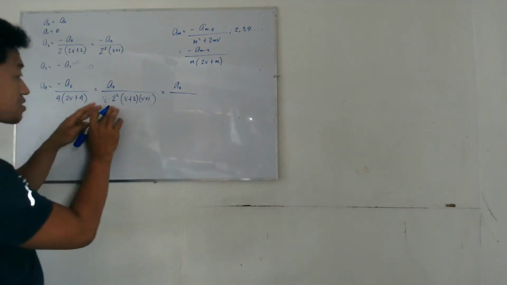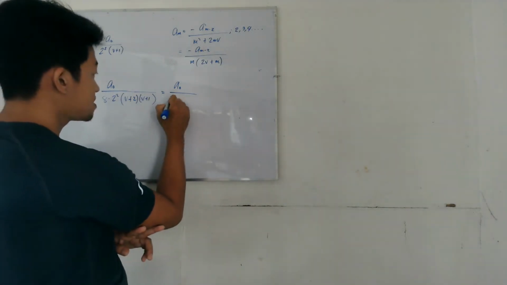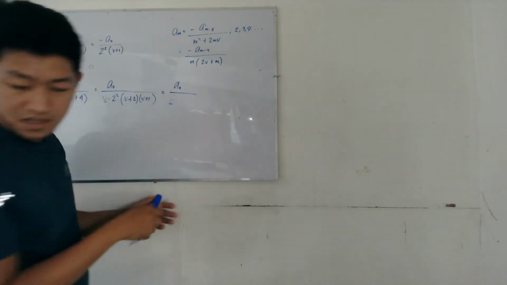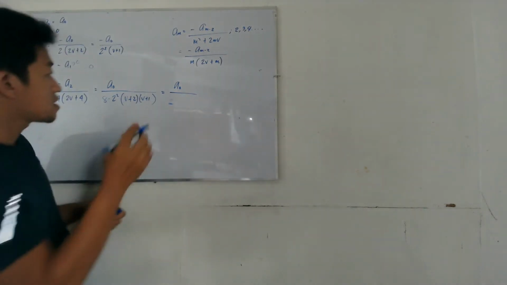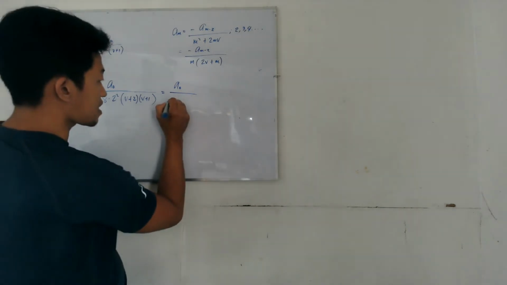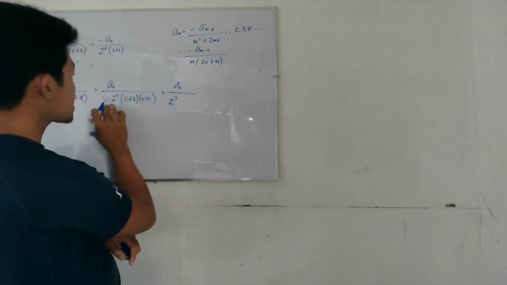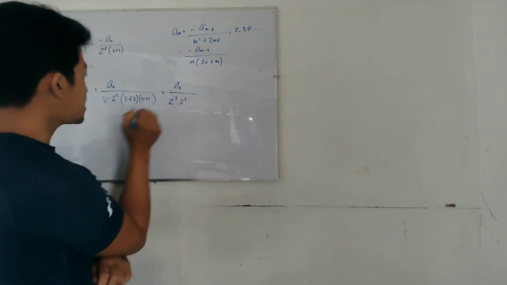Okay, so we can arrange it as, one 2 we put here, 2 cubed, right? The 8 is 2 cubed times 2 squared.